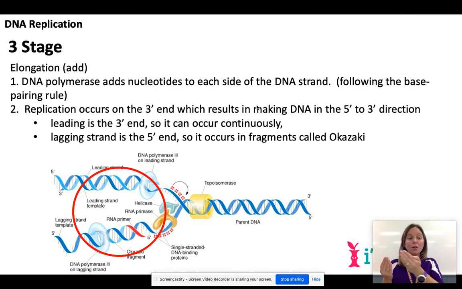And so they follow the base pair rule. Also remember that we always add the nucleotide on the 3' end. So remember the direction. Remember I talked about the direction. Where is the 5' and the 3'? Because that's going to tell you what direction that DNA polymerase can run. Is it going to run towards the replication fork, or is it going to be running away from the replication fork? So that is your elongation.